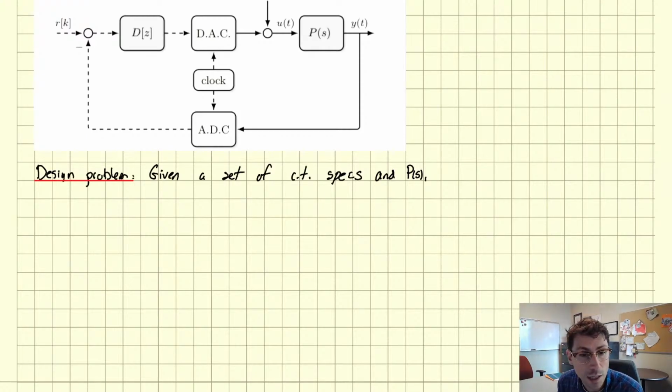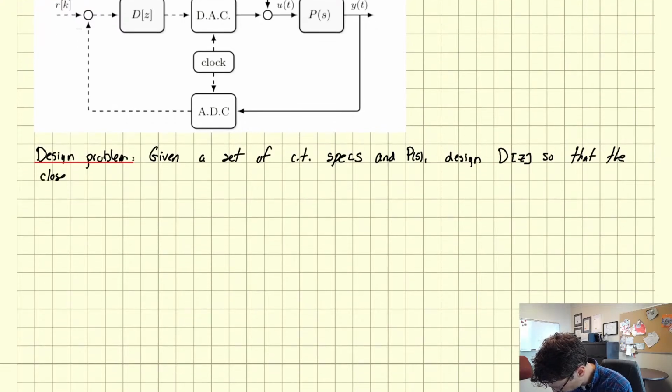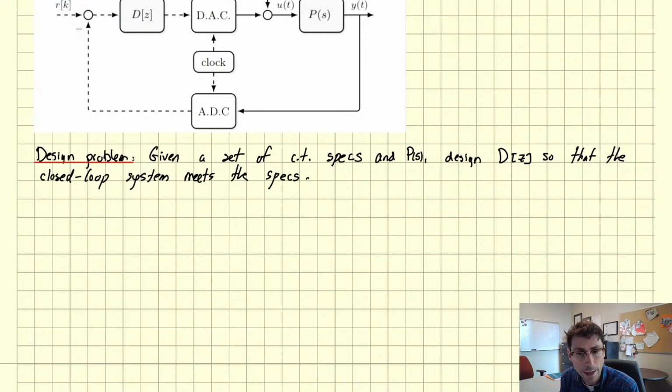We already talked about what those continuous time specifications might look like in the continuous section. Design D of z, so a digital controller, so that the closed loop system meets the specs. Right? And so that's the main, I would say, problem that we're going to look at in this course.